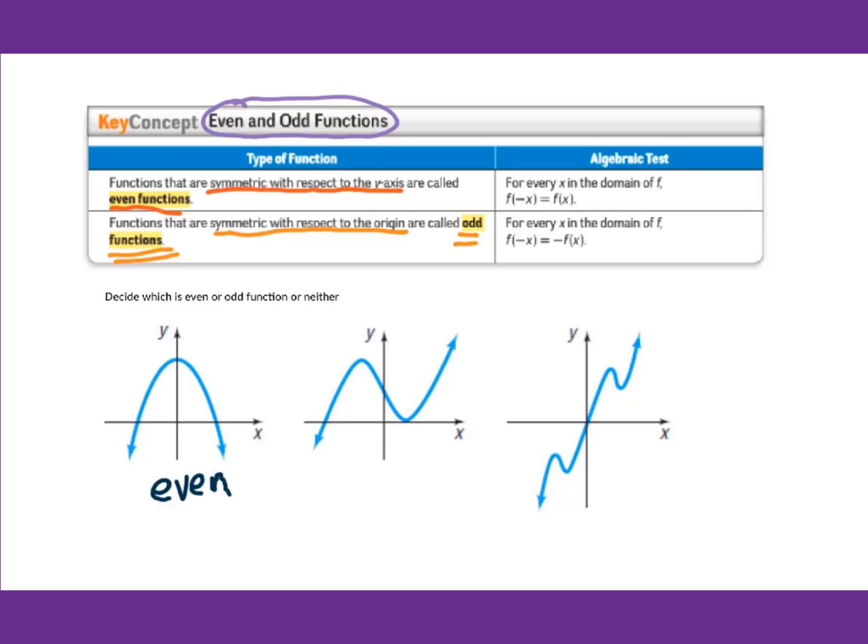For the second graph, since it's not symmetric across the y-axis and it's not symmetric across the origin, this is neither, which means it's not an even or odd function. For the last one, this graph is symmetric across the origin, therefore this is an odd function.